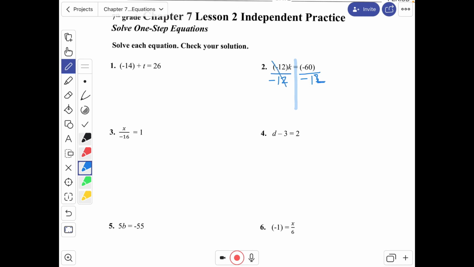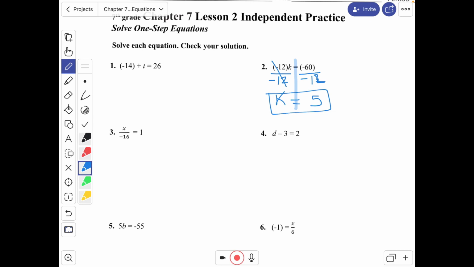The 12s cancel, and k is by himself. Equal sign straight down. And then negative 60 divided by negative 12 makes 5. That's positive 5 because a negative divided by a negative makes a positive. And when you put your answers in the computer, you can put k equals 5 or you can just put 5.